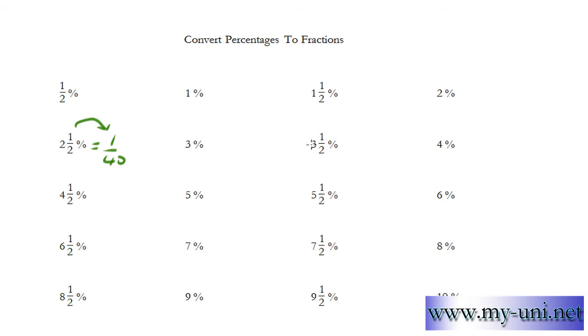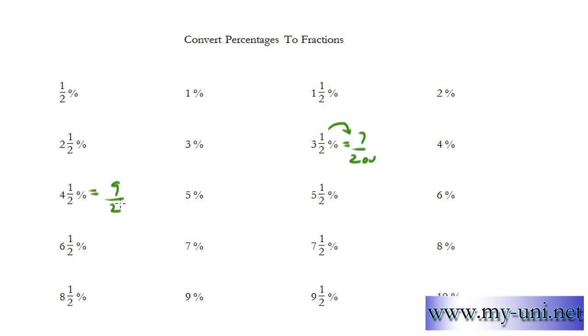3.5%, 2 times 3 is 6, 6 plus 1 is 7, 7 over 2, and then you simply multiply it by 1 over 100. So 7 times 1 is 7, and 2 times 100 is 200. So 3.5% can also be written as 7 over 200, and you cannot simplify it any further. 4.5%, 4 times 2 is 8, 8 plus 1 is 9, and the denominator will remain the same.